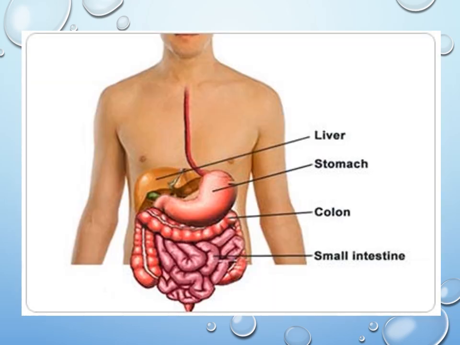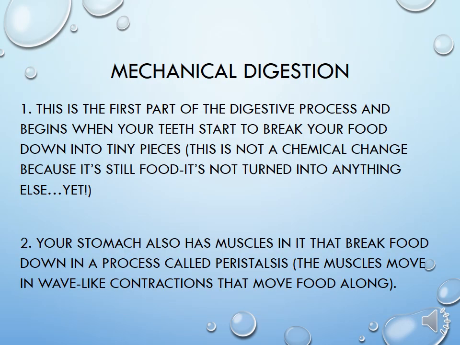Here's just a picture showing you some of the digestive system, which includes the liver, stomach, colon, small intestine, also the large intestine, the pancreas, the gallbladder. So there's two different kinds of digestion. There's mechanical, also known as physical digestion, and there's chemical. And 8th graders, you remember physical and chemical changes from last year?